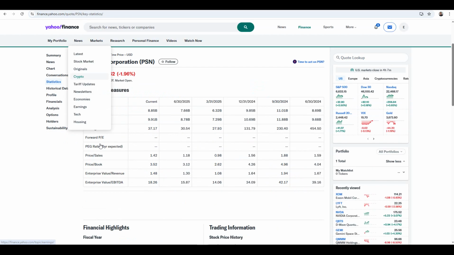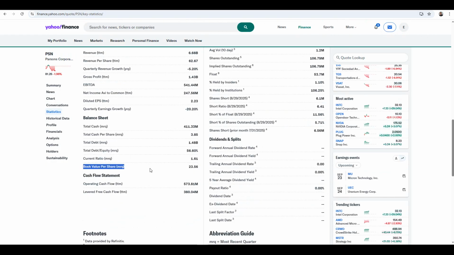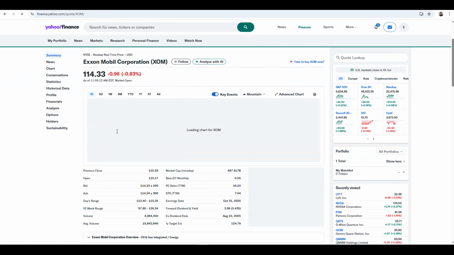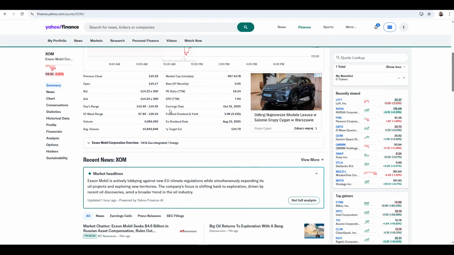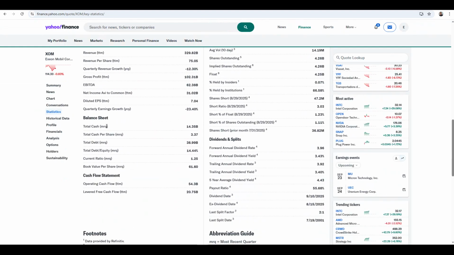Here is the page for Parsons. Here you can find the EPS, and in statistics, I can find book value per share. And here is the same for ExxonMobil, earnings per share, and on the statistics page, book value per share. And I'm doing the same for the other stocks.